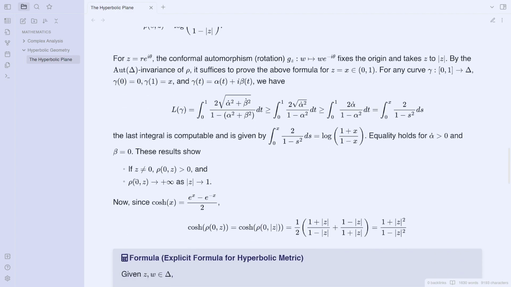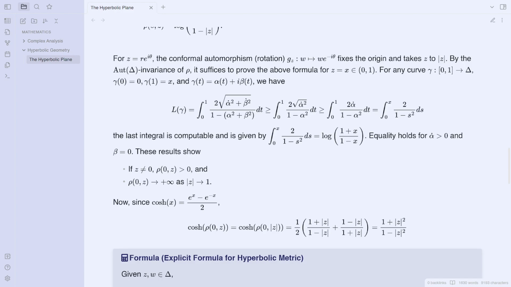That's one. But the second one, which lends some geometrical intuition, is that the distance between the origin and a point in the hyperbolic plane blows up as z approaches the boundary of the disk. Now this actually makes sense with a lot of the pictures you've probably seen online.